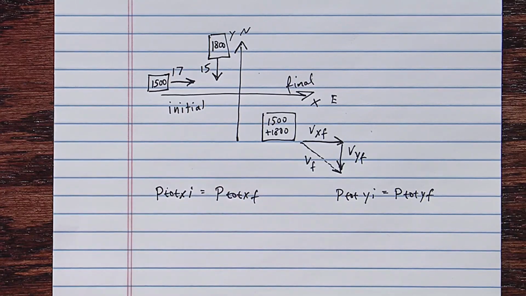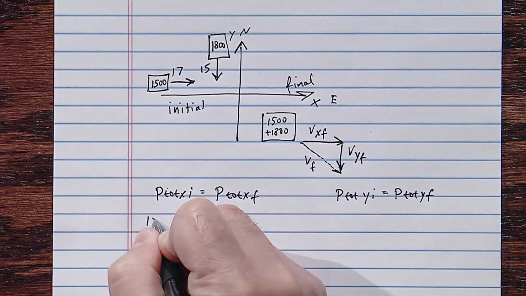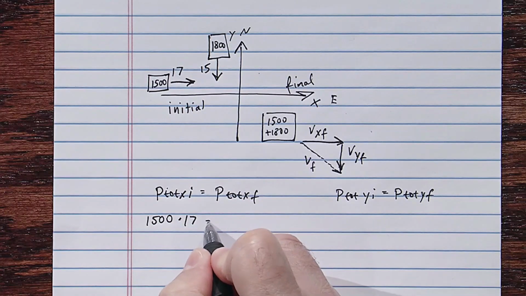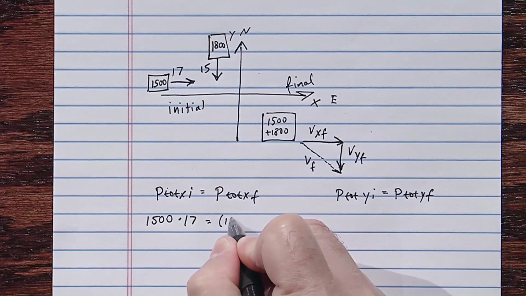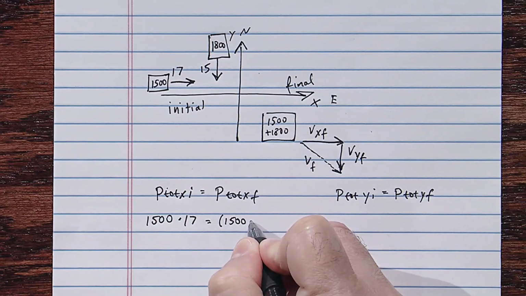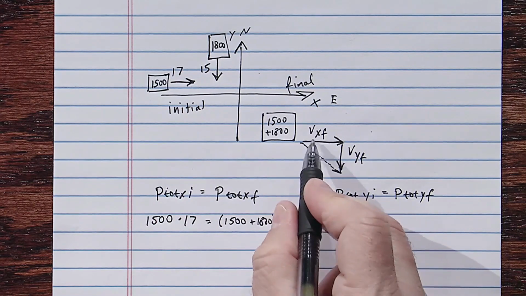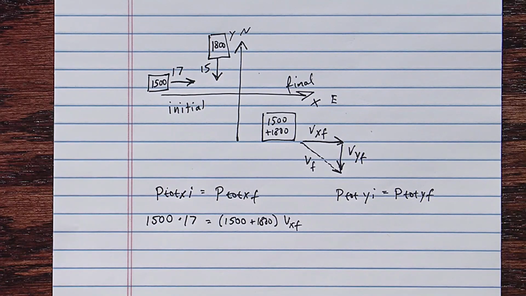The initial momentum in the X direction comes from the 1,500 kilogram car, so that would be 1,500 times 17. And finally, we have the combined object, 1,500 plus 1,800, moving with V X final.